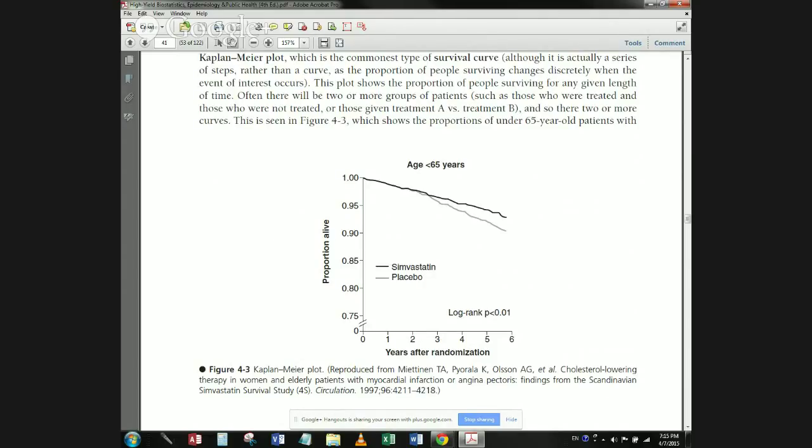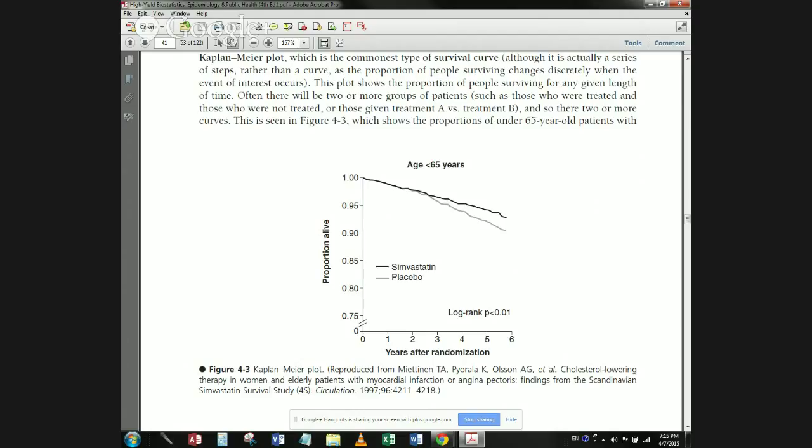This plot shows the proportion of people surviving for any given length of time. Often there will be two or more groups of patients, such as those who were treated and those who were not treated, or those given treatment A versus treatment B, and so there are two or more curves.